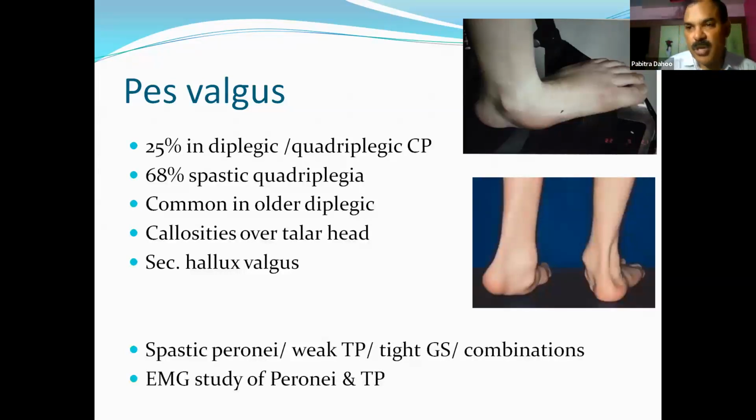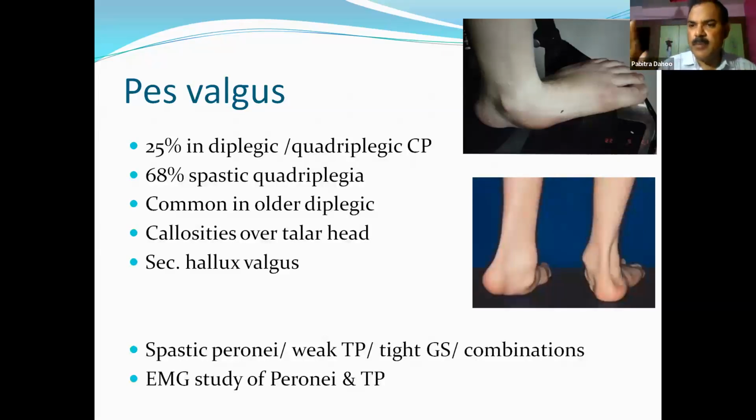So that has to be stopped by bringing the gastrocnemius function back to the midline by SMO or by UCBL in case of dynamic foot. Another thing is that an EMG study is required in this type of patient to see what is the status of tibialis posterior, what is the status of peroneal.